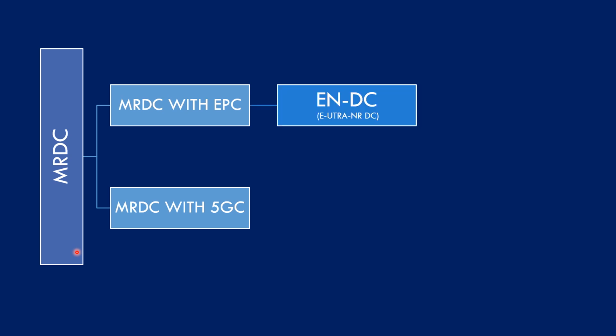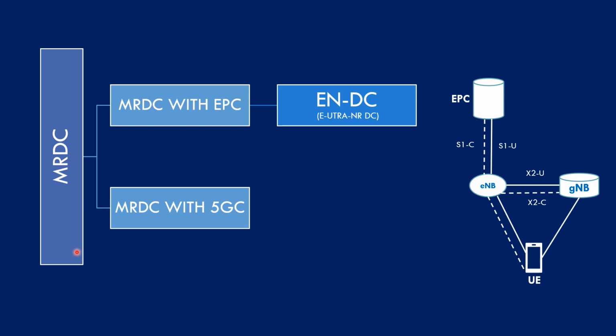MRDC with EPC, we have ENDC, which is EUTRA-NR dual connectivity. So let us see it by an example. EUTRAN supports MRDC via ENDC or EUTRA-NR dual connectivity, in which a UE is connected to one E node B, and this E node B acts as master node or MN, and one G node B which acts as SN, secondary node.